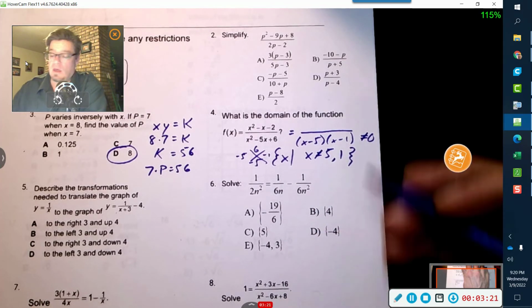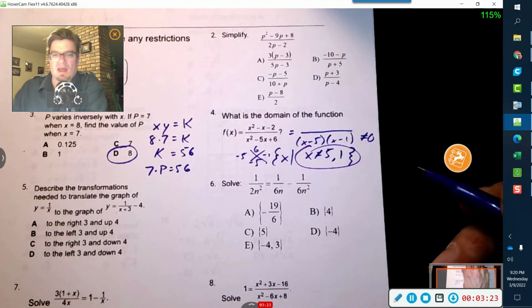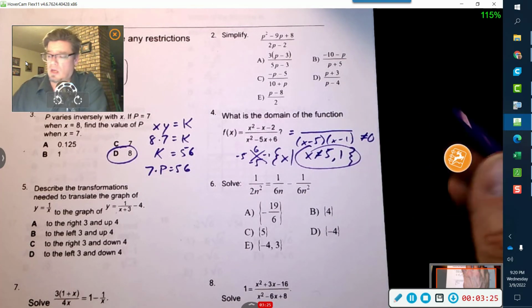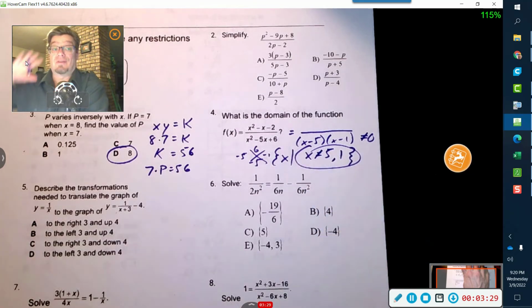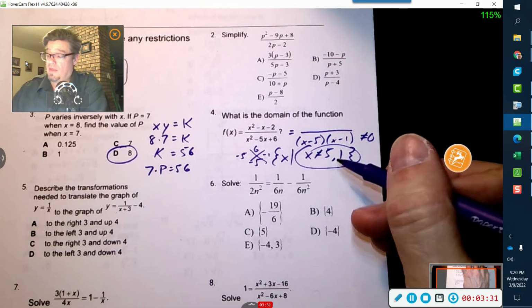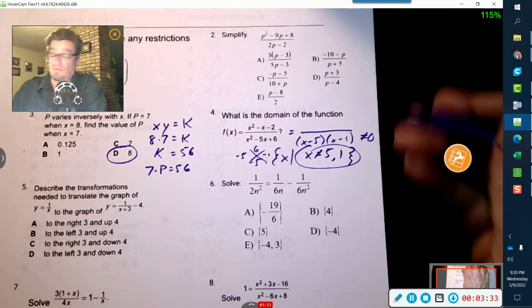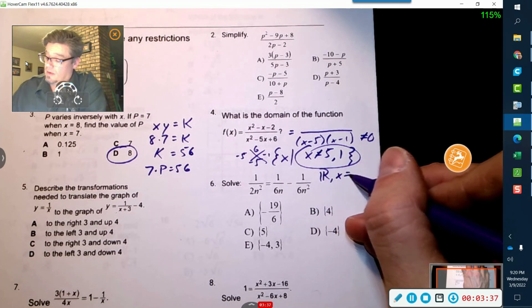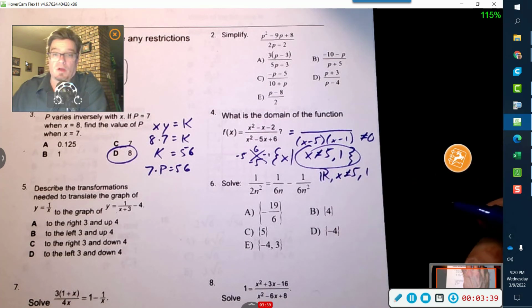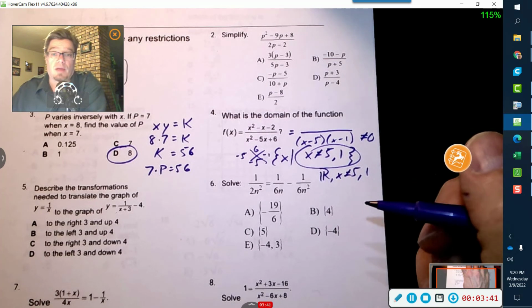If you would have just said that, that's pretty sufficient. If you remember the x in the bar and the squiggly brackets, that's even fancier, but that is a perfectly suitable answer. In fact, you could have said all real numbers such that x cannot equal 5 or 1. That's fine too. Okay. All right.